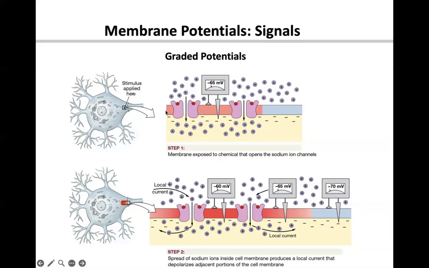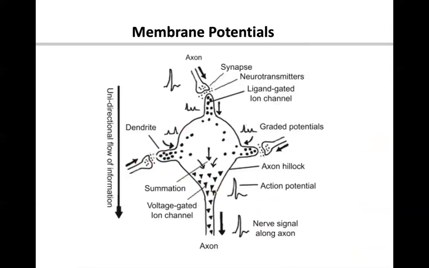If I go back to the slide we started with, these axons are sending neurotransmitters, and ligand channels are opening. They can be graded potentials that die out, or it is possible that another neurotransmitter release happens, and more neurotransmitters are released, and more ligand channels open.